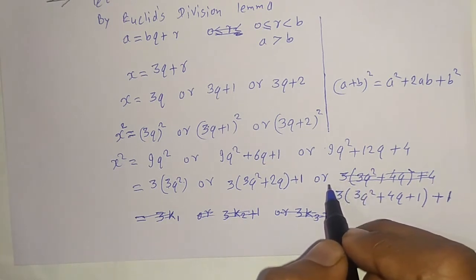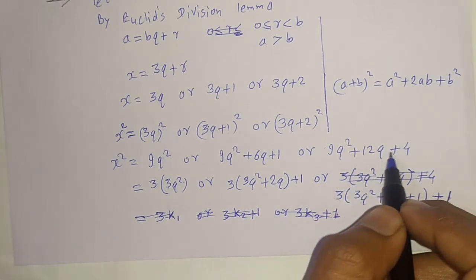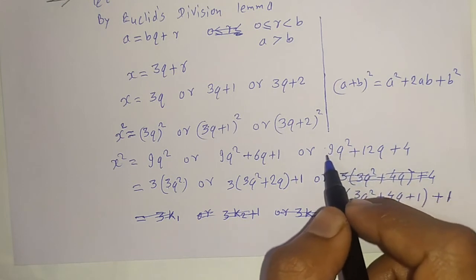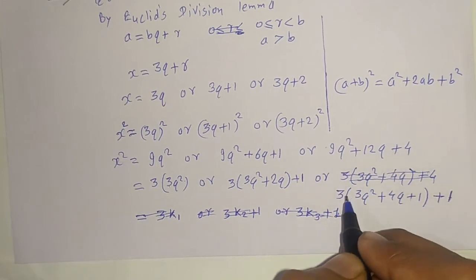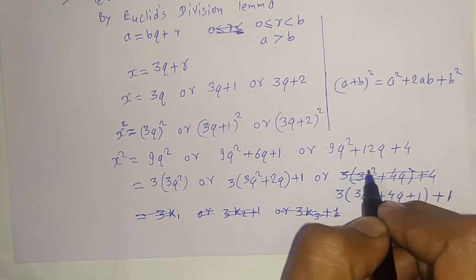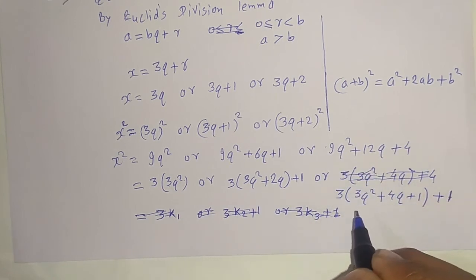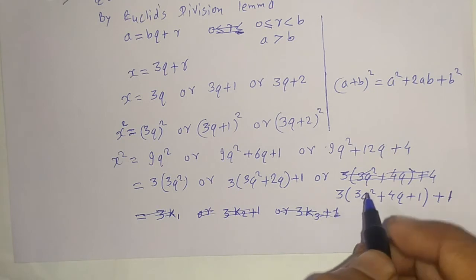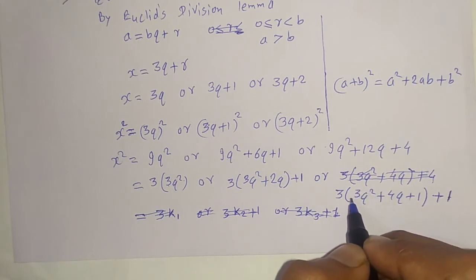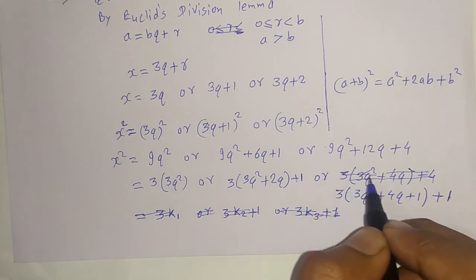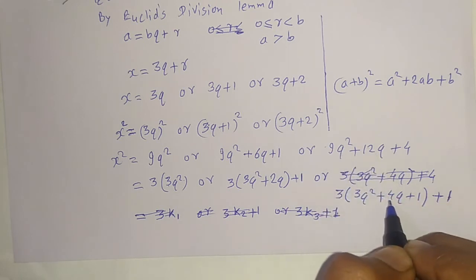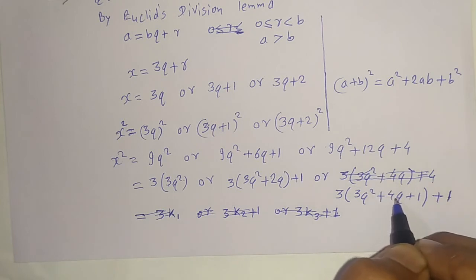Now what is the third equation? 9q square plus 12q plus 4. You can take 3 common from these 3 numbers. So 3 into, here we got a little bit messy. If we take 3 common, it will be 3q square. For 12q it will be 4q.